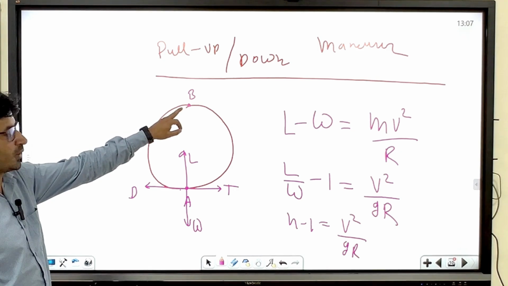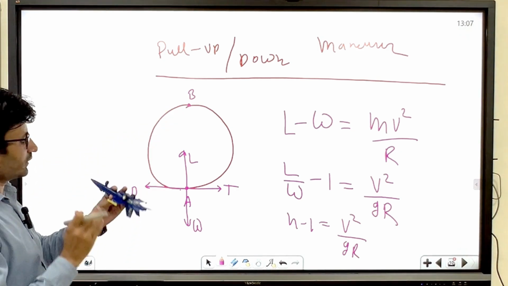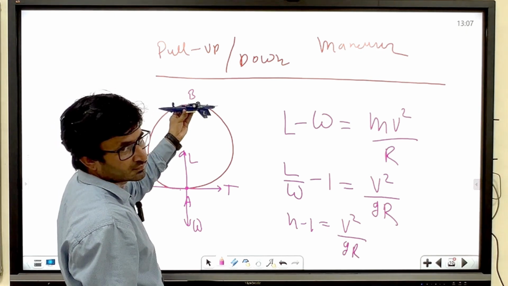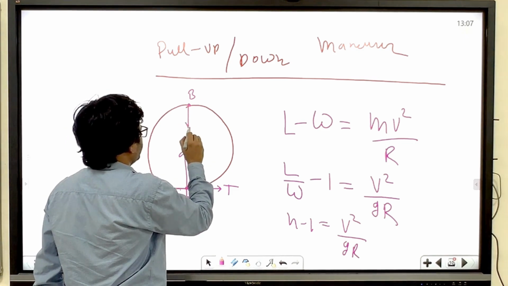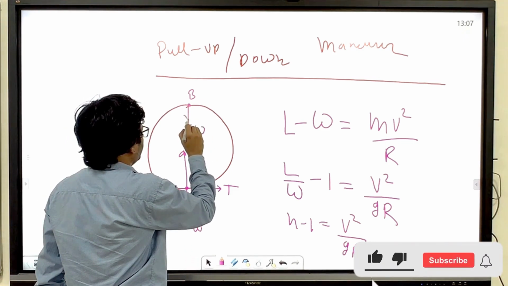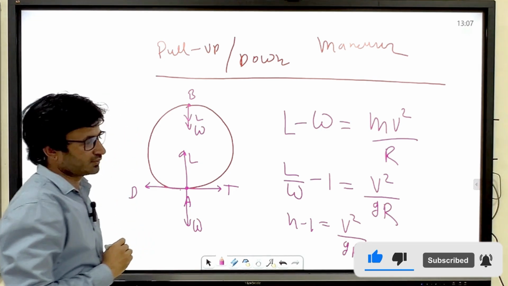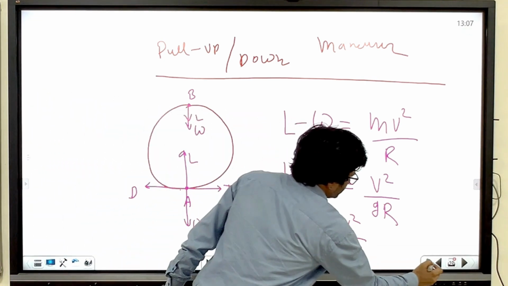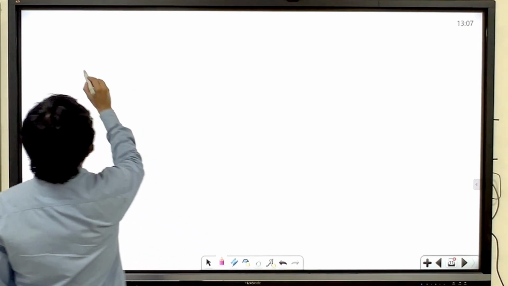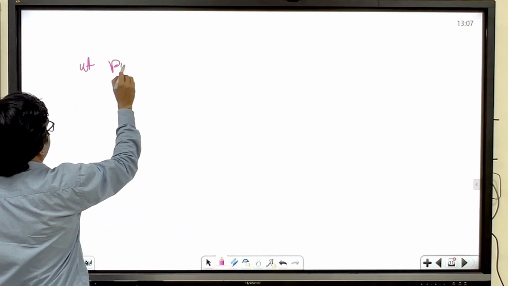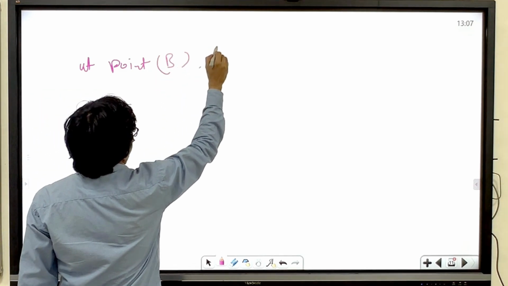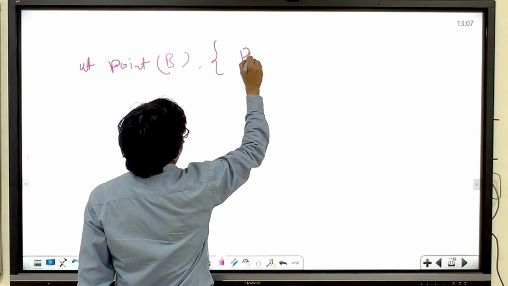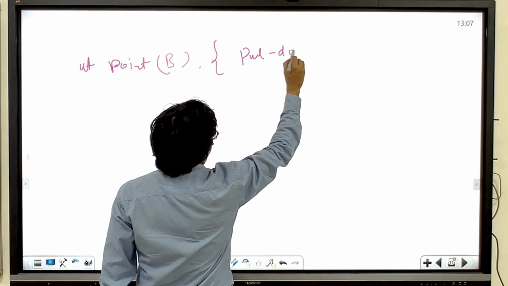And if you consider this point B, where your aircraft is inverted, your aircraft is like this. Okay, so now your lift is acting downward and weight is also acting downward. Okay, so at point B, point B is in what case? Pull down, right?